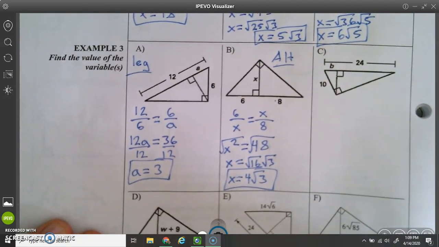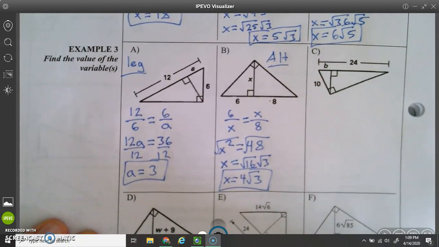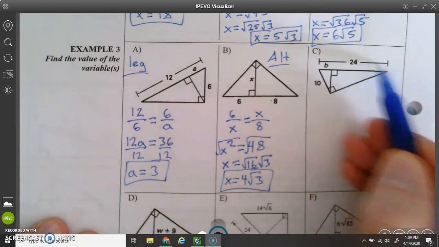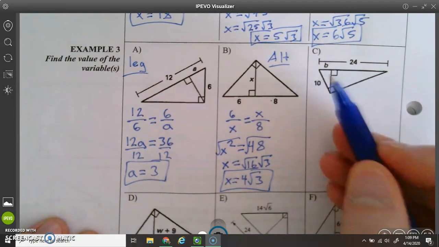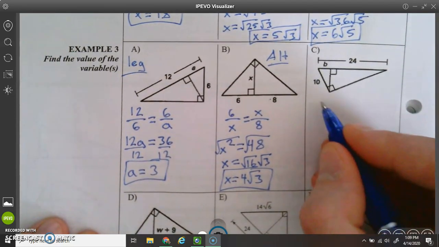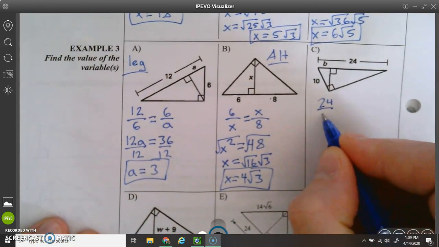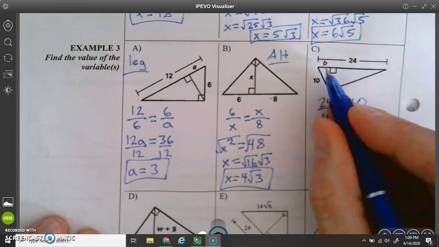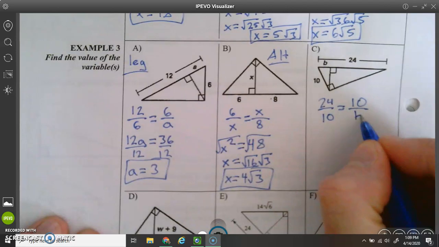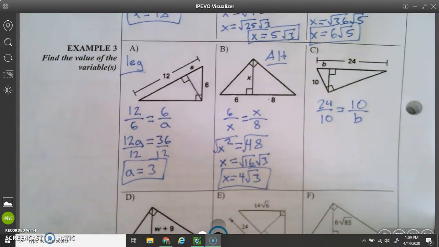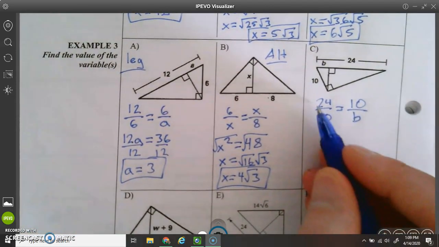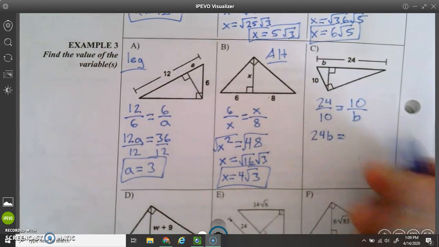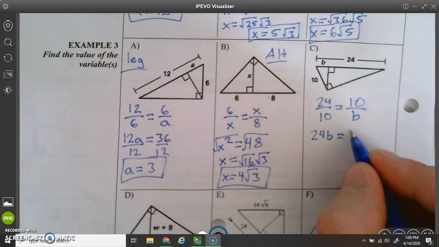C. This one, we're finding the length of this segment. We're given the hypotenuse and this leg. So setting it up, we'd want 24 over the leg, which is 10, equaling 10, the leg, over the shorter side, which is B. This will give me 24B, cross multiply, 24 times B, 24B, 10 times 10 is 100.